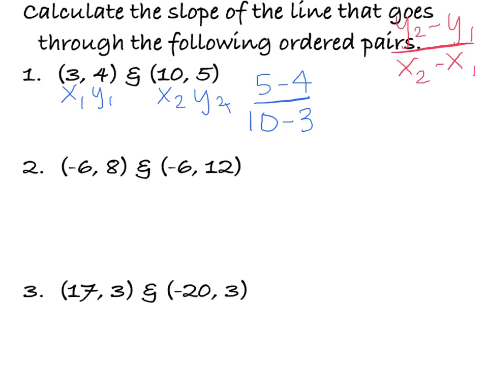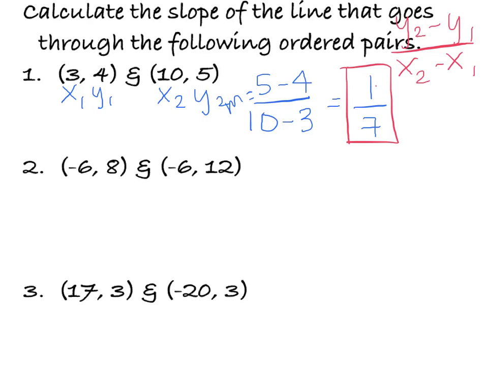So I want to put m equals, just to label my work there. Okay, so 5 minus 4 is 1. 10 minus 3 is 7. So my final answer here is my slope, m, is 1/7. So my rise is 1, my run is 7. Or my vertical change is 1, my horizontal change is 7.